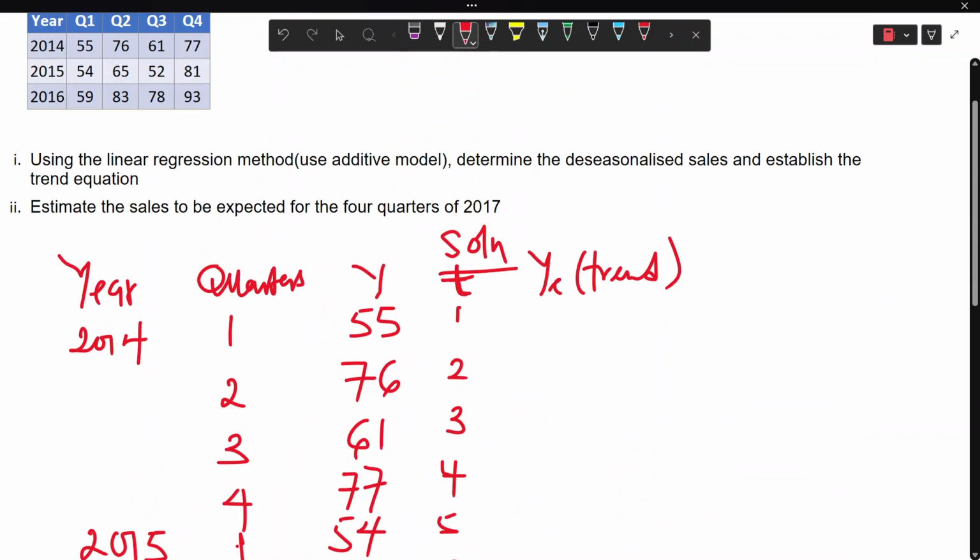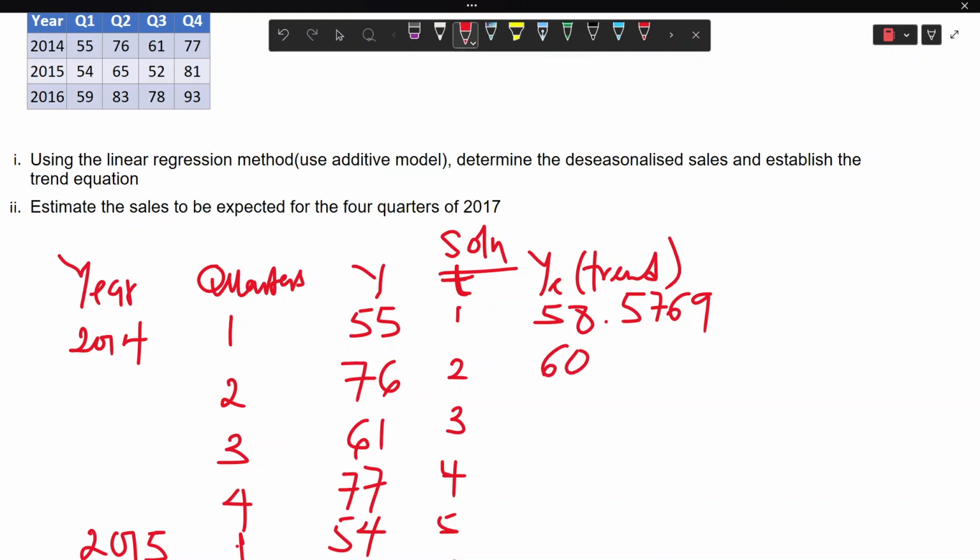Given T to be 1, our trend value for the first quarter in 2014 is 58.5769. Then given T to be 2, our trend value is 60.5629. So you would have to continue in that order to the last.